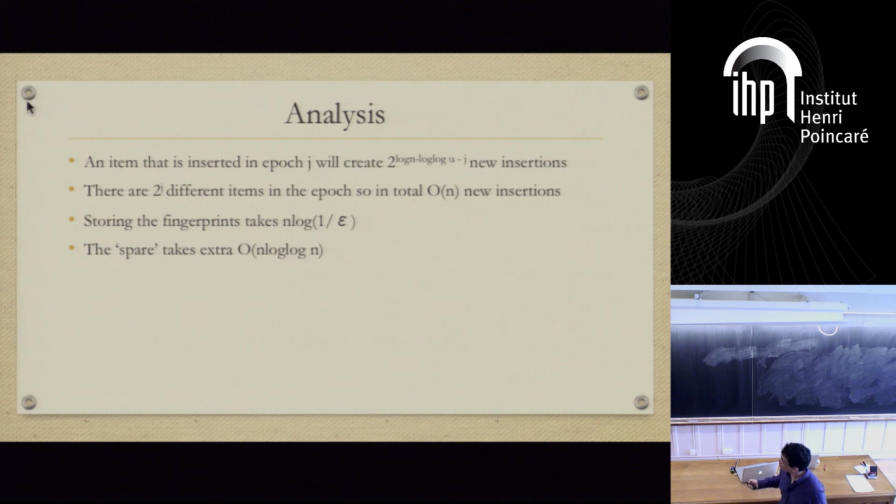And now if we multiply it by the size of the epoch and by the number of the epochs, we get that in total we have O of n. So we increased the total number by a constant fraction, so the FPR is reduced by a constant fraction and everything is fine. I'm not sure this is a good idea in practice, but yeah.